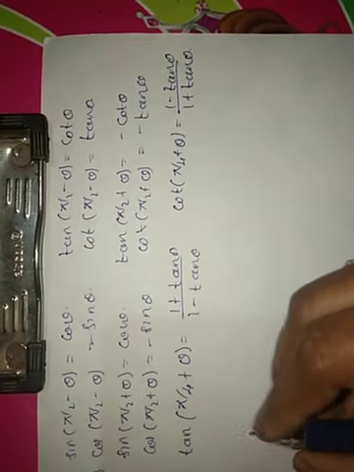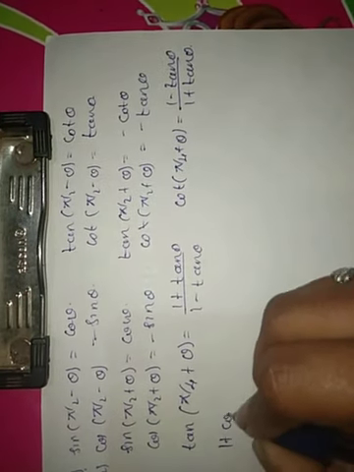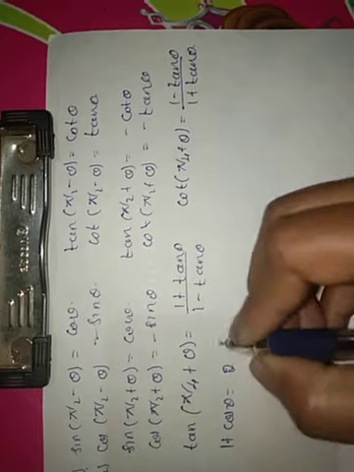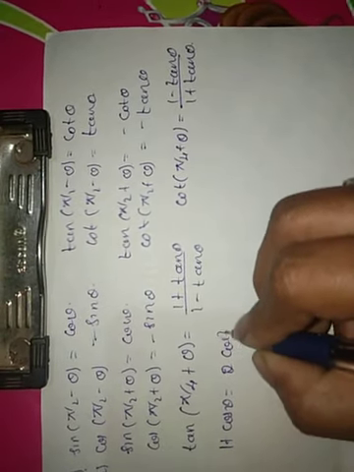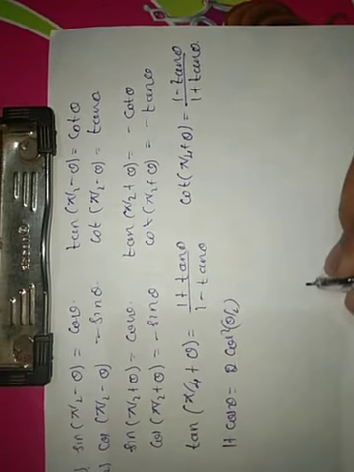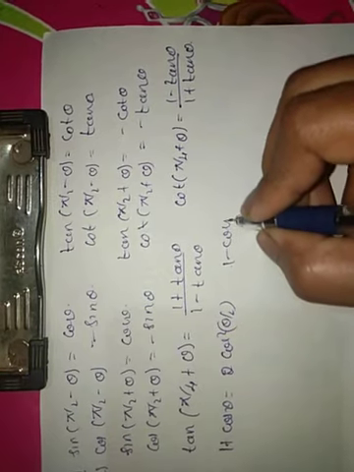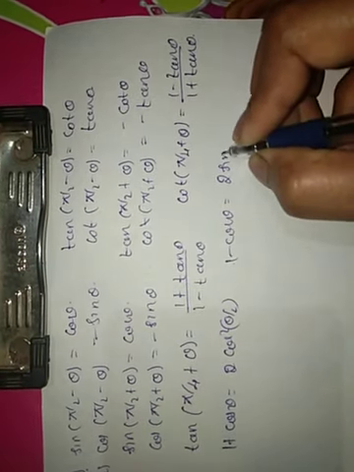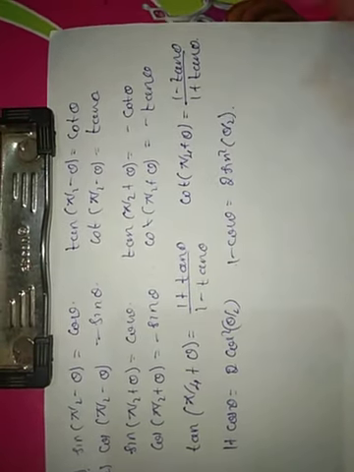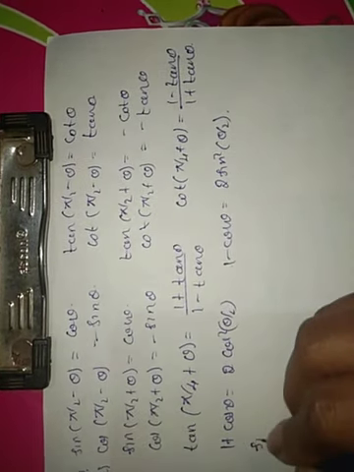And also some more formulas will be needed, that is 1 plus cos theta equal to 2 cos square theta by 2, 1 minus cos theta equal to 2 sin square theta by 2. Those are called half angles.